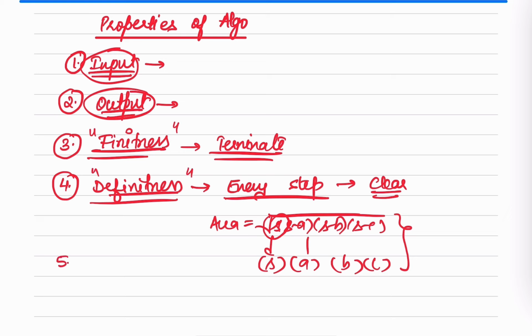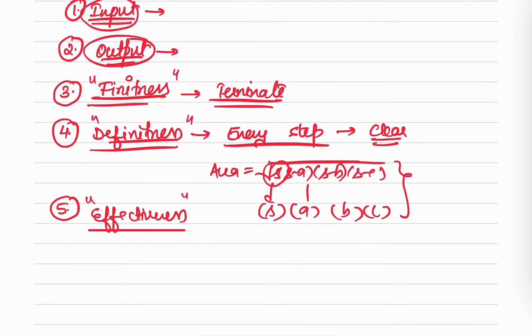And the fifth very important property is called effectiveness, and this we are going to discuss in detail in the next video, that is efficiency of algorithm. Nothing but time complexity and space complexity, what are they, how to calculate them for any of the algorithms, right?